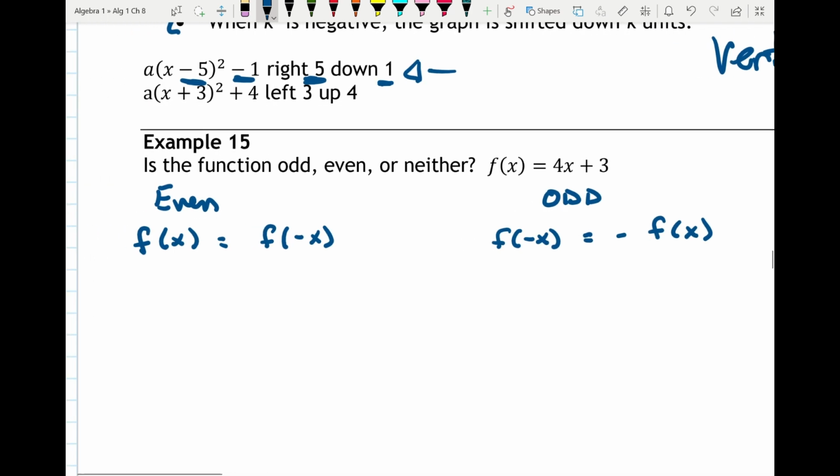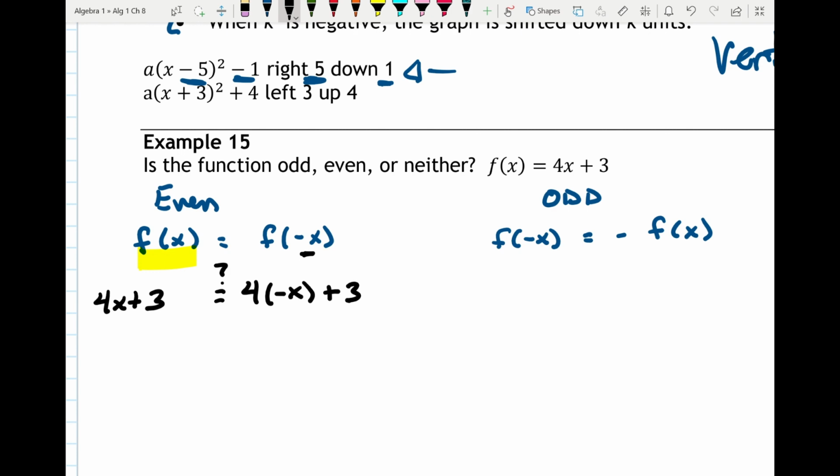So these are just our plain old rules, and now we can just plug in algebraically to see what happens. So f of x, right here, I'm just going to copy down our function. We got 4x plus 3. For f of negative x, I'm going to plug in a negative x anywhere that there's a plain old x. So I'm going to have 4 times negative x plus 3.